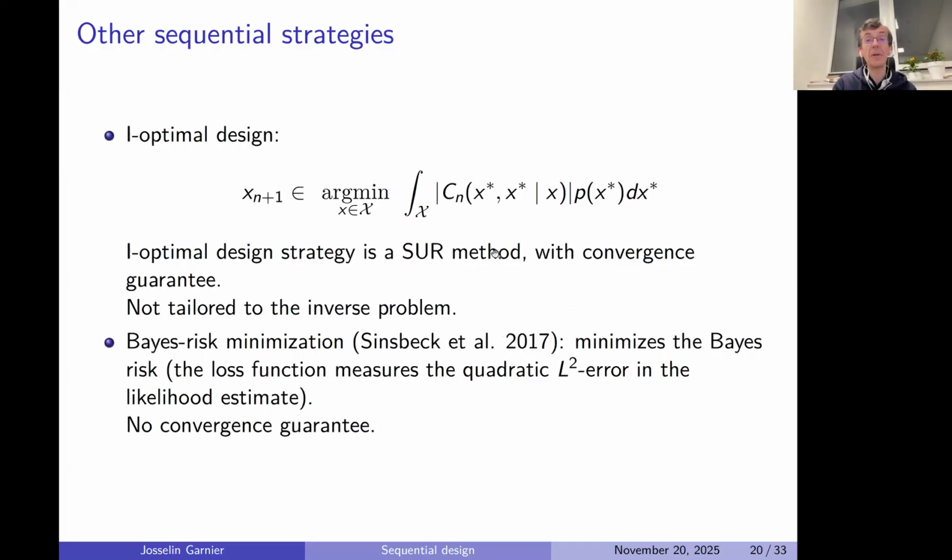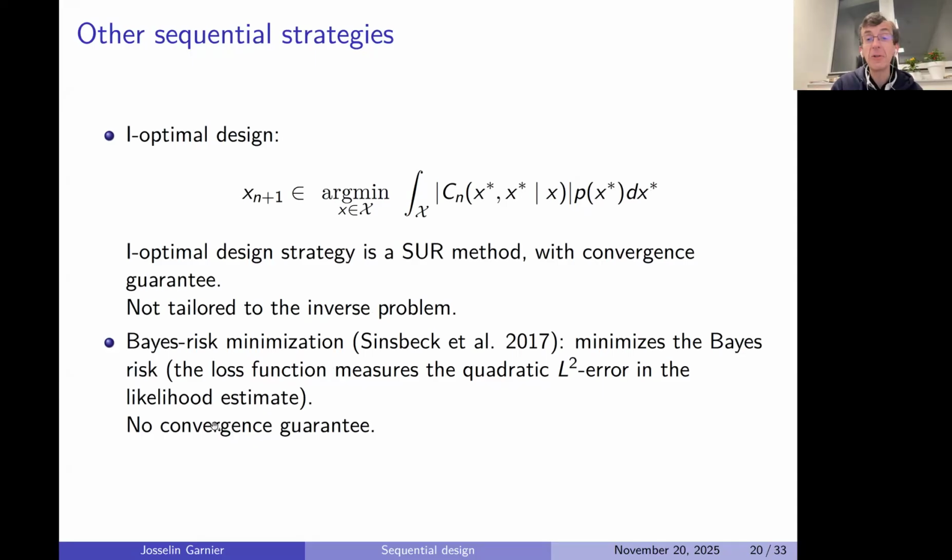That's another sequential design strategy. In fact, that's the one that I described at the very beginning. It is the posterior variance integrated with respect to the prior. This one, it turns out, has a convergence guarantee, but for this metric of uncertainty. So it's not tailored for the inverse problem, but at least you have another strategy.